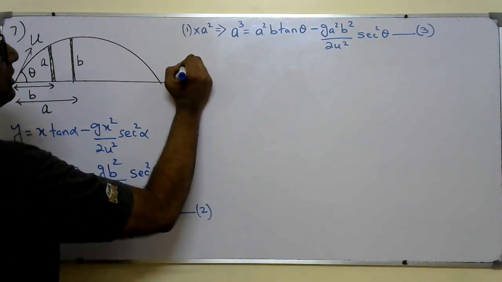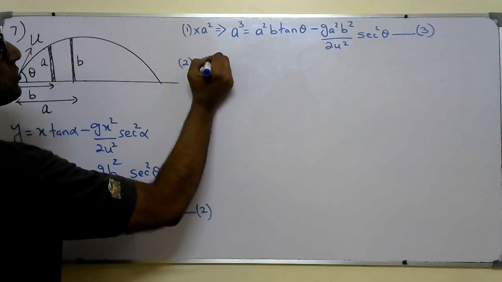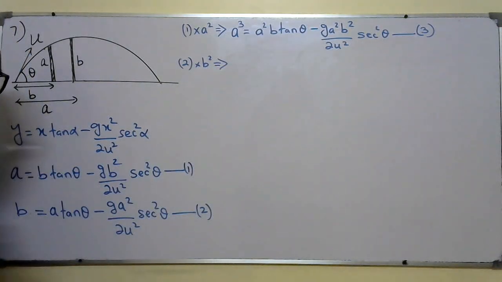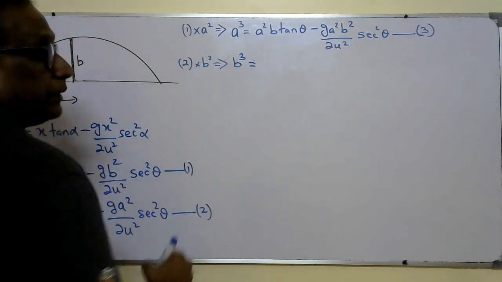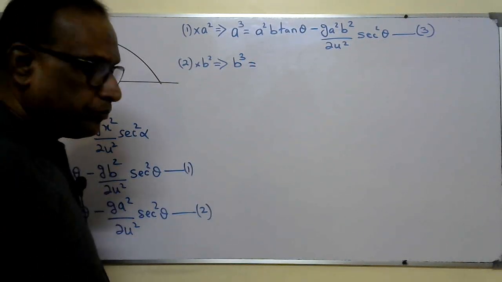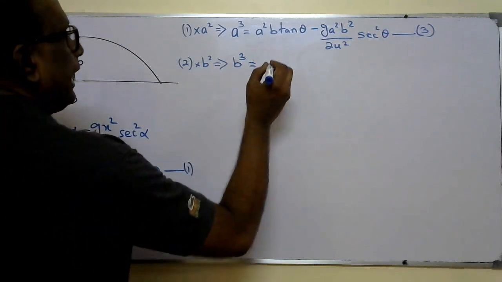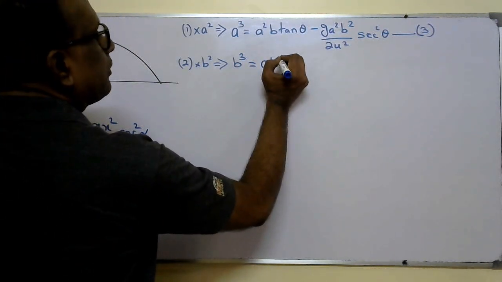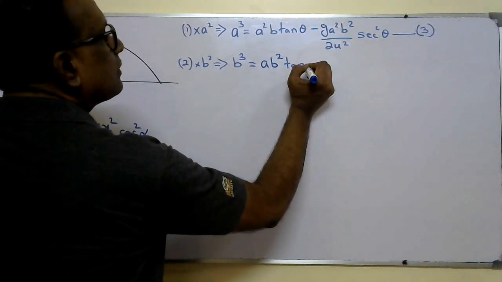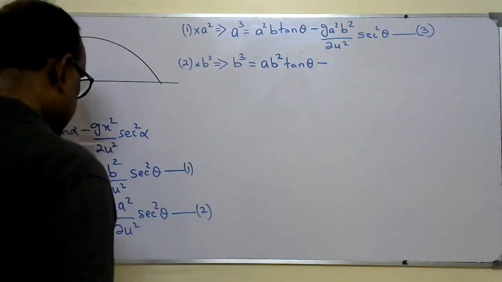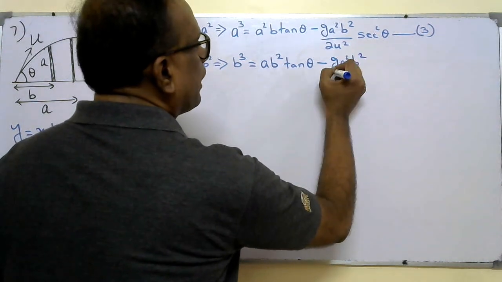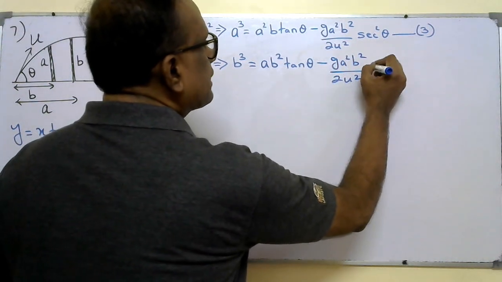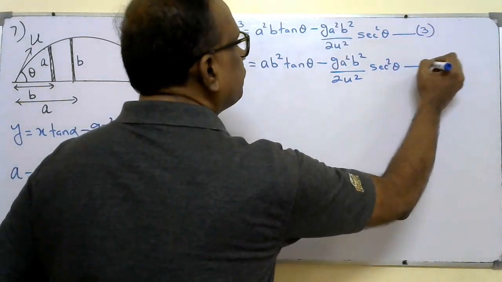Same way, the second equation, if I multiply by b squared, I will get b cube equal to a b squared tan theta minus g a squared b squared over 2u squared sec squared theta. That is the fourth equation.